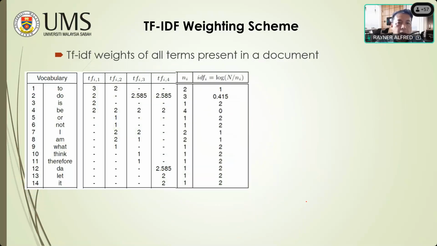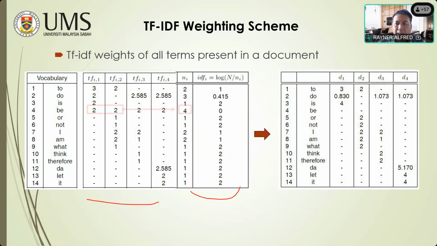Okay, since we have the term frequency, the first part here, and we have the IDF, we just multiply. So that's how we get the value here. Okay, so we know how to compute the IDF, we know how to compute the TF.